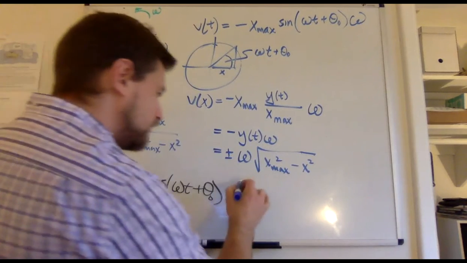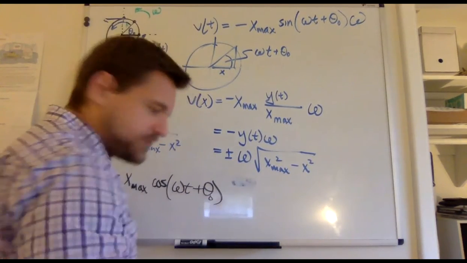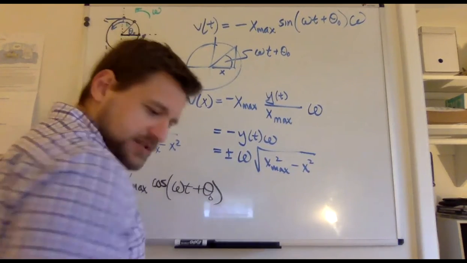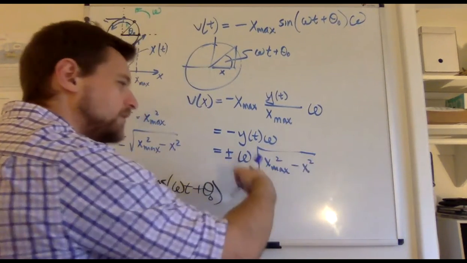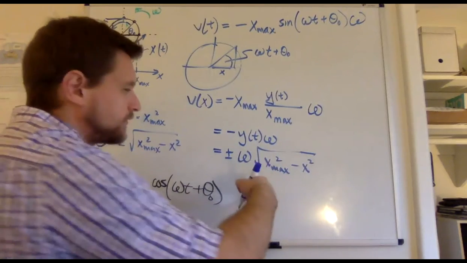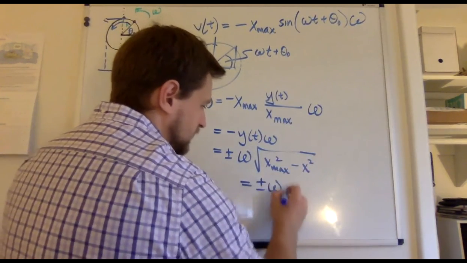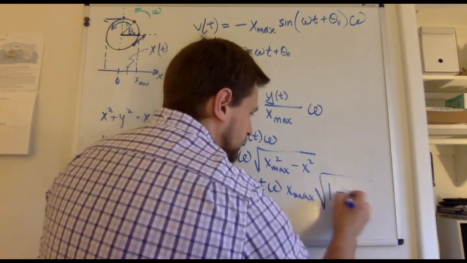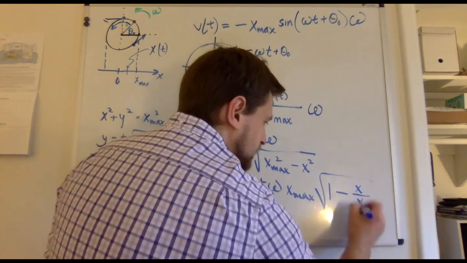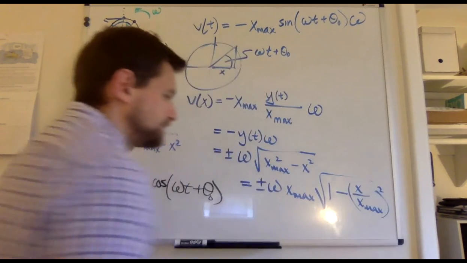Now let's see. We can make a little bit of a simplification here. Keep trying to erase with my hand. Makes everything worse. What if we factor out x max squared and then take its square root? So I'm suggesting this, omega, pull the x max outside of that, and then it's the square root of 1 minus x over x max squared.